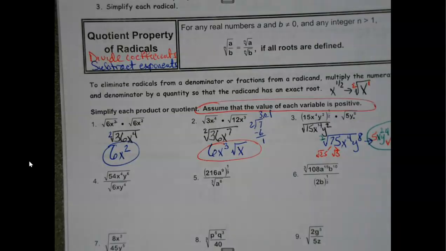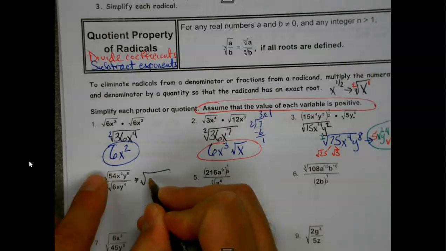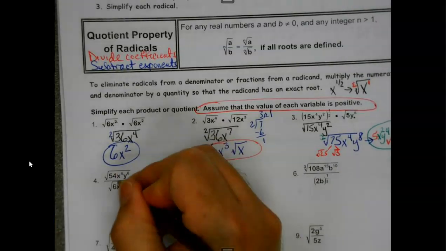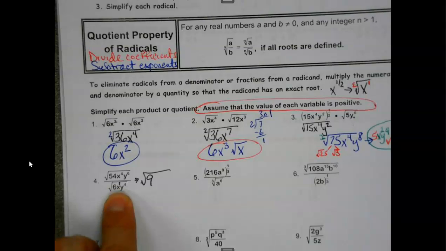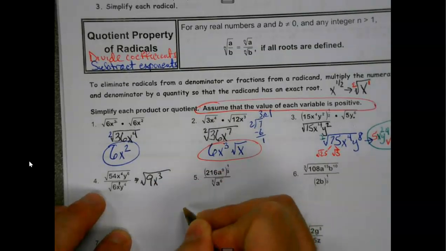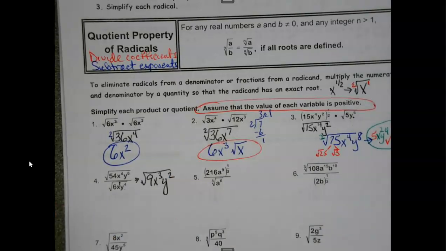So when I get here, I'm like, all right, so let's see here. 54 divided by 6 is 9. Remember, if you don't see an exponent there, it's still there. It's a 1. 4 minus 1 is 3. 6 minus 4 is 2. And now we're right back where we have been with the other problems.